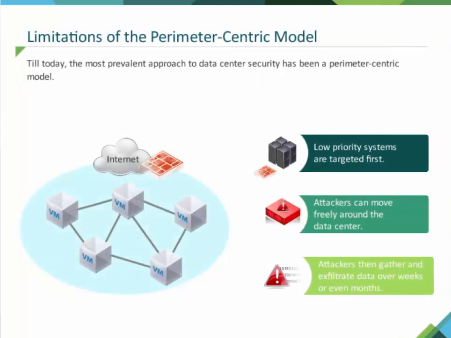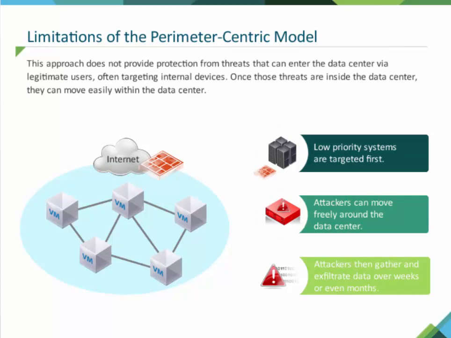Till today, the most prevalent approach to data center security has been a perimeter-centric model. This approach does not provide protection from threats that can enter the data center via legitimate users, often targeting internal devices. Once those threats are inside the data center, they can move easily within the data center.